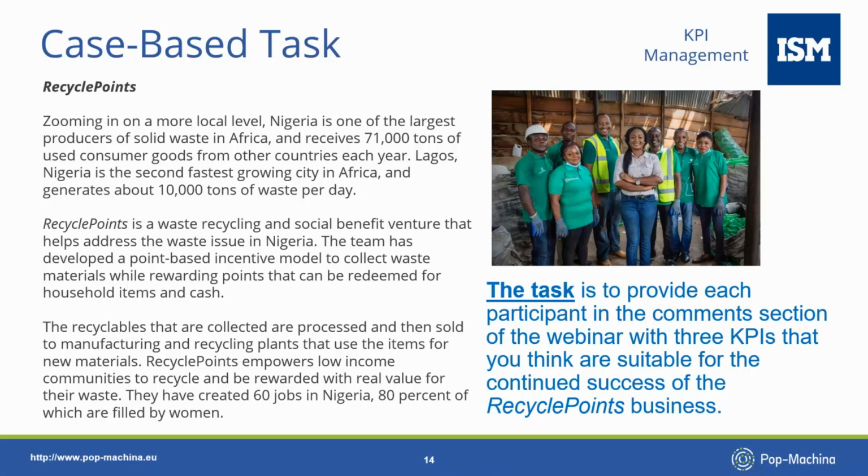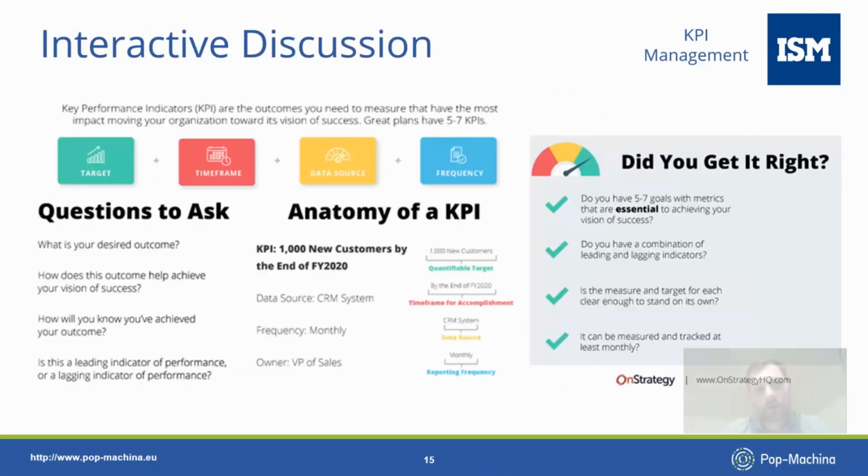So the task for you is to provide each participant in the comment section of the webinar with 3 KPIs that you think are suitable for the continued success of the Recycle Points business. But first of all, I would like you to come up with questions to ask yourself. What is your desired outcome?